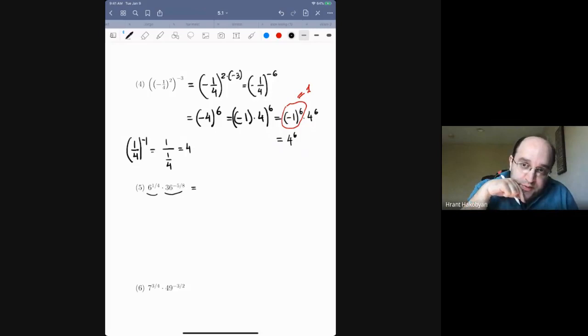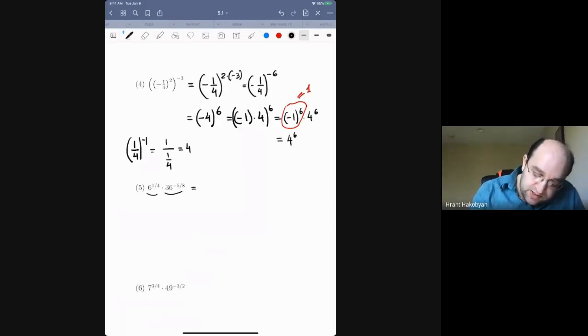Just remember that 36 is just 6 squared, right? So we're just going to use that. If we do that, then the expression is going to be simplified quite a bit. So let me do that.